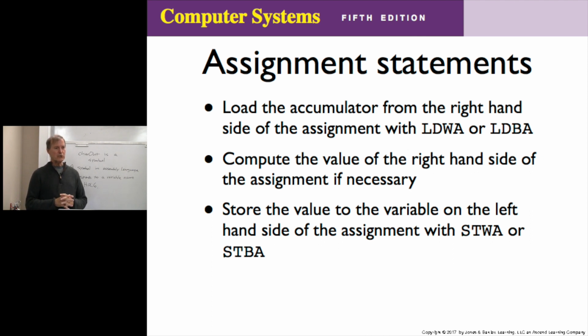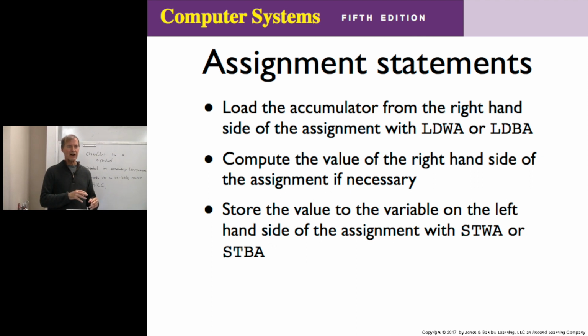You load, compute, and store. That's how the compiler translates an assignment statement. When you're loading, you're getting the value of a variable on the right-hand side of the assignment statement. You compute the expression on the right-hand side. And then you store it to the variable on the left side of the assignment statement. Does everybody see how that works?